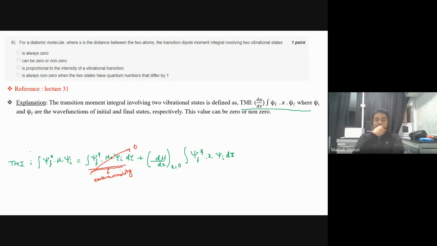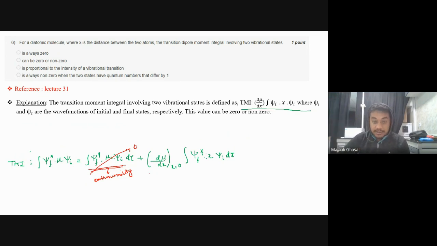Due to the orthonormality condition, either it will be orthogonal or it will be normalized. So mu 0 goes out and you are left with psi f star psi i d tau. This first term will cancel out.